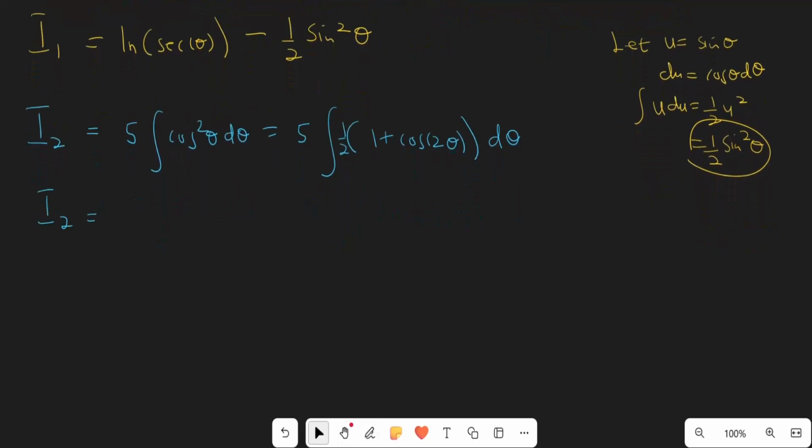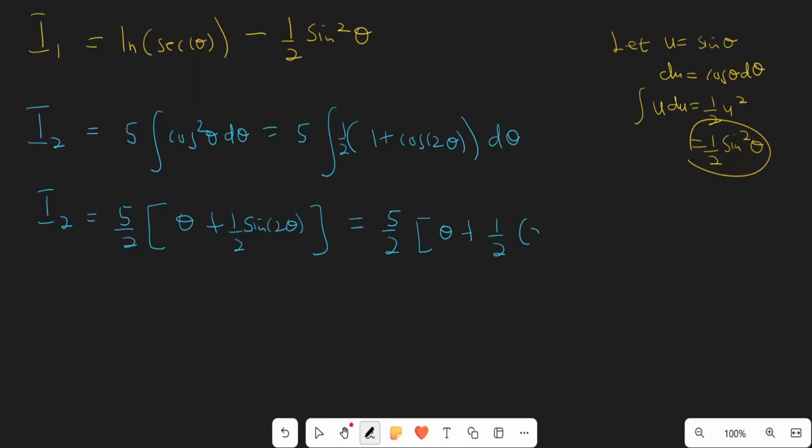So for I2, 1/2 is a constant, it comes in front, that becomes 5 over 2 in front here. Then we are integrating 1 in the theta world, which is theta, and integrating cosine of 2 theta gives sine of 2 theta, and then we differentiate the angle and divide, which is 1 over 2. So this is 5 over 2 times theta plus 1/2 sine of 2 theta.